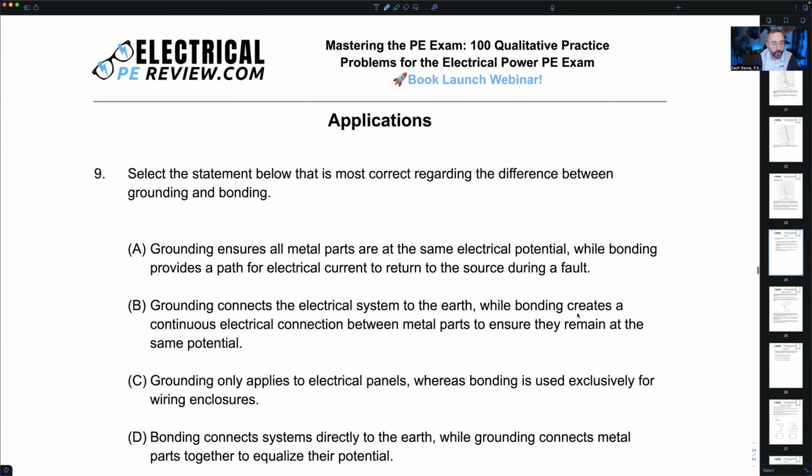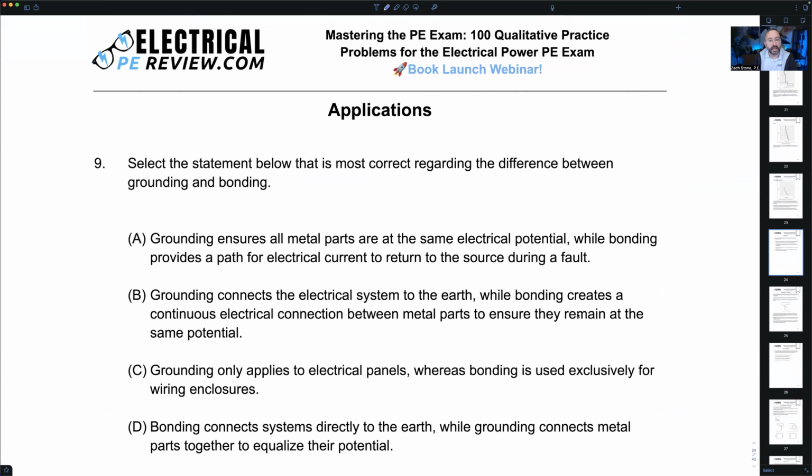All right, number 9. Select the statement below that is most correct regarding the difference between grounding and bonding. A, grounding ensures all metal parts are the same electrical potential, while bonding provides a path for electrical current to return to the source during a fault.